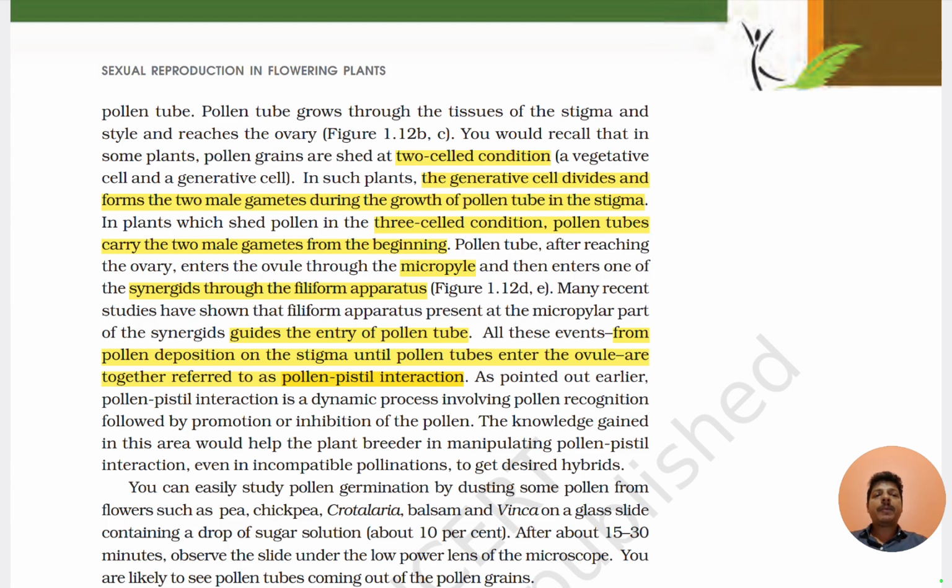Then the pollen tube reaches the micropyle end and enters the synergids through the filiform apparatus. The work of the filiform apparatus is to guide the entry of the pollen tube. All these events from pollen deposition on the stigma until the pollen tube enters the ovule are called pollen-pistil interaction.